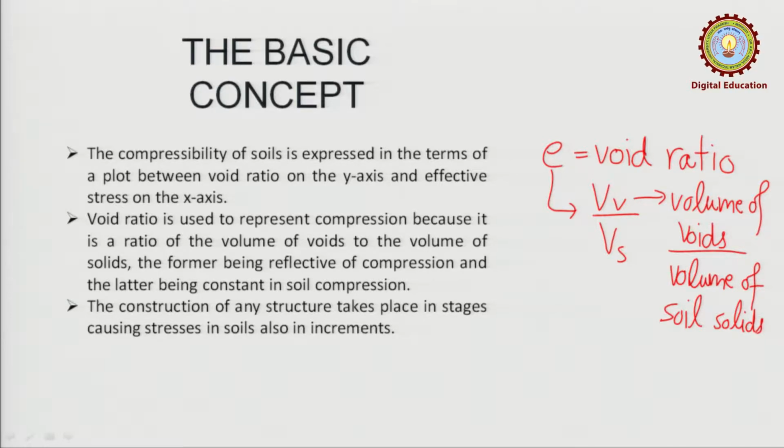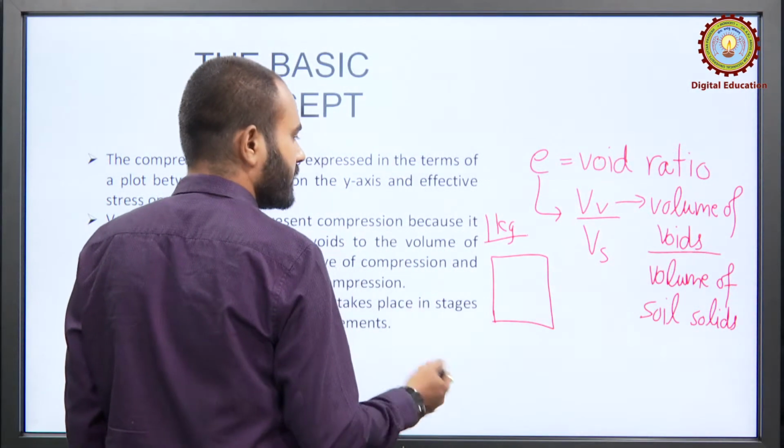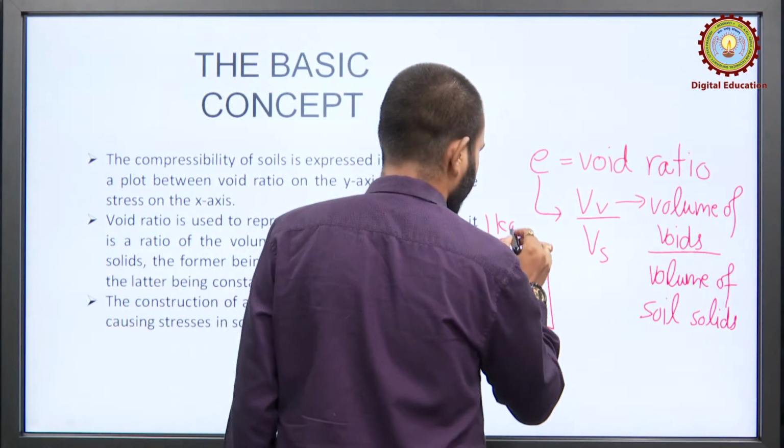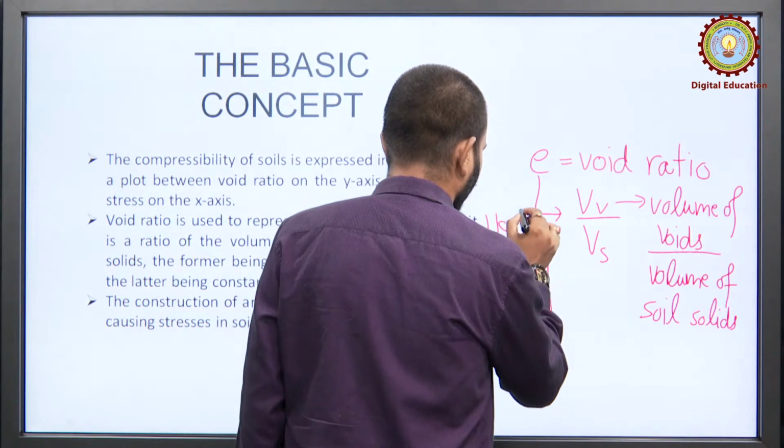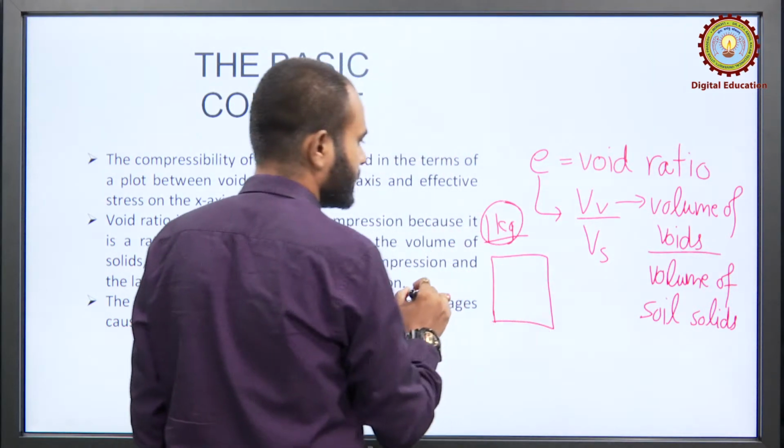Now, if we are given a particular amount of soil, say 1 kg, then in whichever way we disperse or arrange it, only the volume of voids will change.